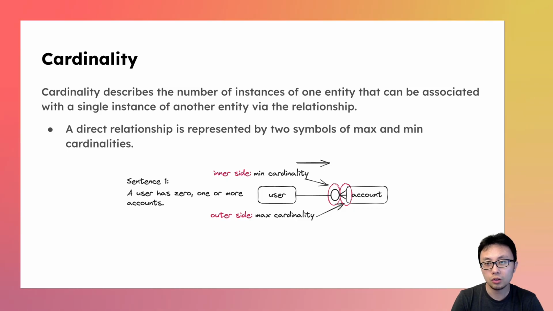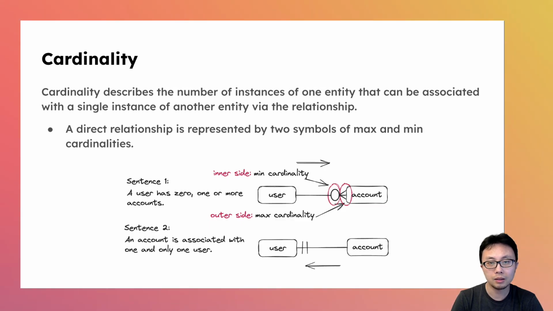A user can be associated with 0 accounts, so the min cardinality is 0. A user can be associated with as many accounts as possible, so the cardinality is many. The second sentence is on the directional relationship from account to user, and its cardinalities are placed near user entity. Both of the min and max cardinalities are 1.